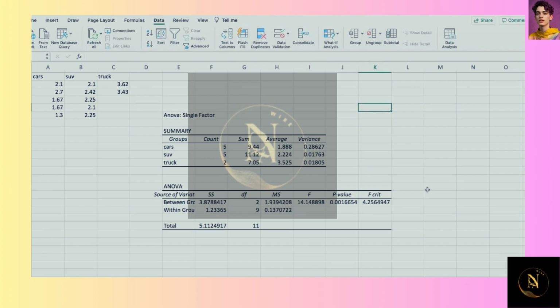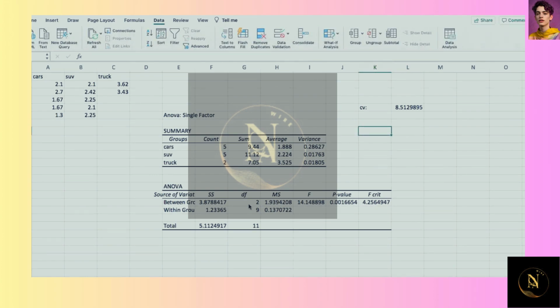The first thing we should do is calculate our critical value. Our critical value is found by taking the critical value from our F-test and multiplying it by the degrees of freedom between groups. So that is our critical value.